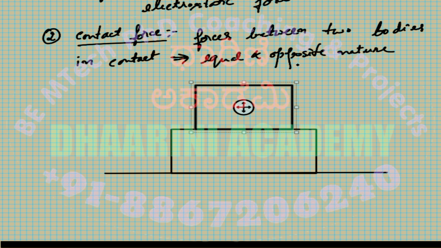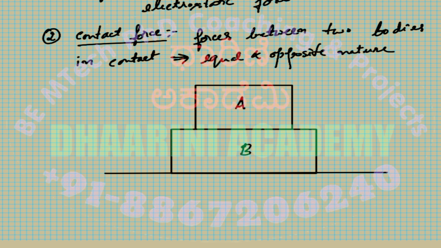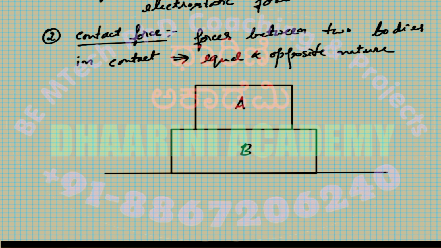This is body A, body B. There will be a frictional force exerted between the two objects whenever there is a rough contact and the bodies move with respect to each other, that is, there is relative motion between them without losing contact.